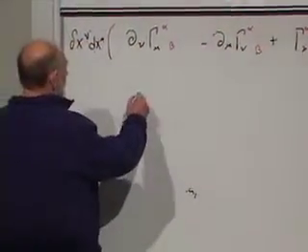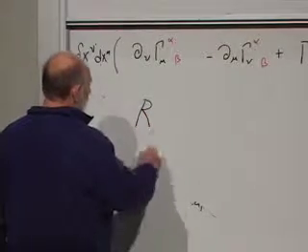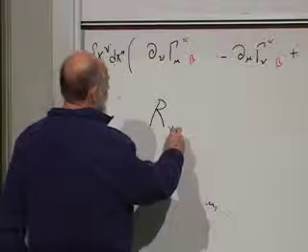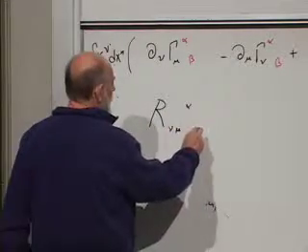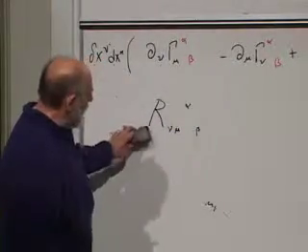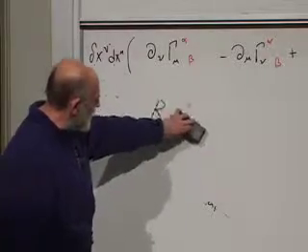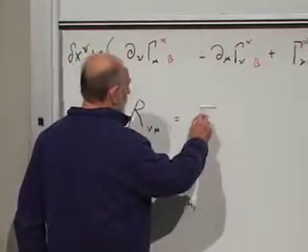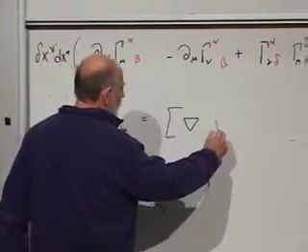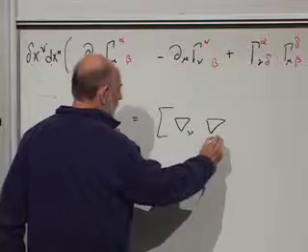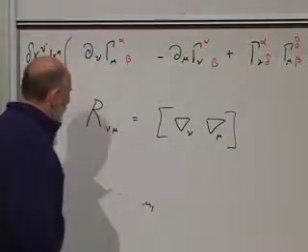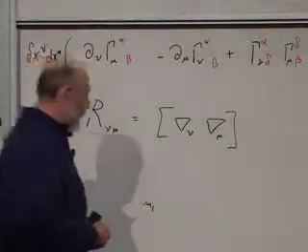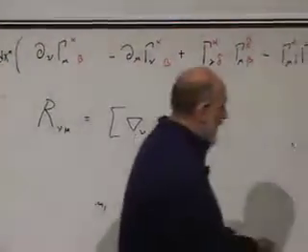We can just write that R_{νμαβ}, thought of as a matrix, so let's suppress its matrix indices, is just the commutator of two covariant derivatives, ν and μ. That's the most elegant way to write the Riemann tensor, and to remember that each one of the objects in there is itself a matrix.